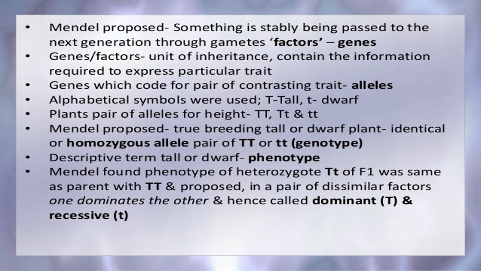These are genotypes, and the phenotype, the tall character or dwarf character, is the phenotype. He found the phenotype of heterozygous plants, capital T small t, of F1 was the same as the parent with capital T, and he proposed that in a pair of dissimilar factors, one dominates the other, hence called dominance and recessiveness.